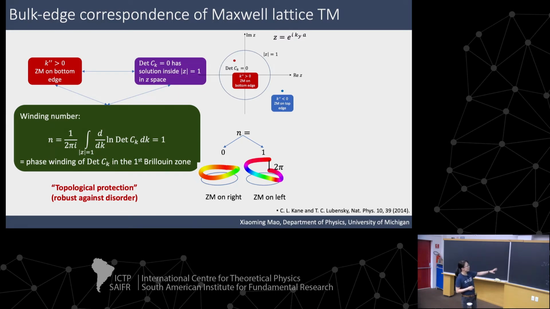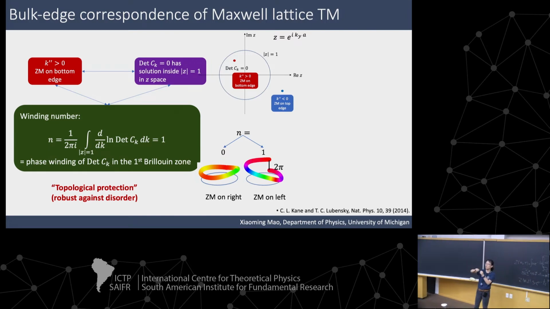I think it's better to do it on the blackboard, but anyway, you can draw a complex plane of this Bloch factor z, okay? The Bloch factor z is e to the ik. So if you look at a linear wave on the lattice, this z is the factor when you go from this unit cell to the next unit cell. What is the factor you multiply, right?